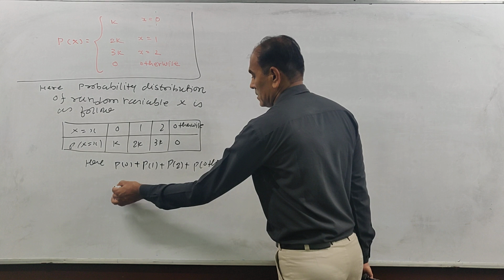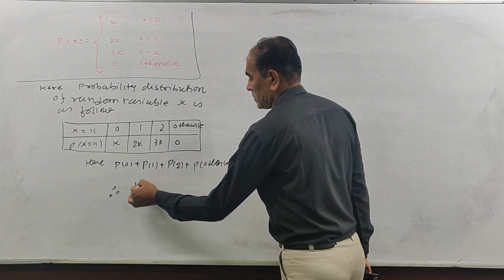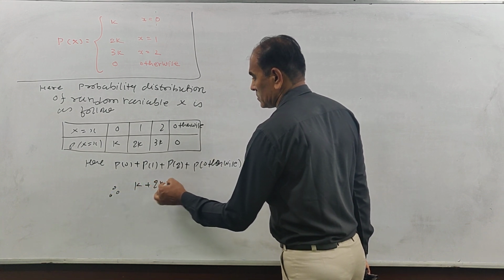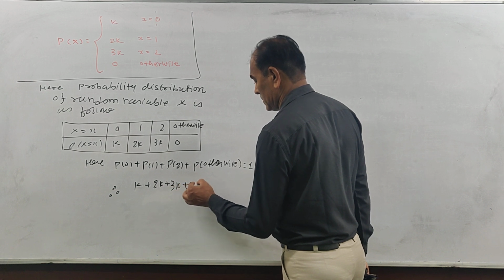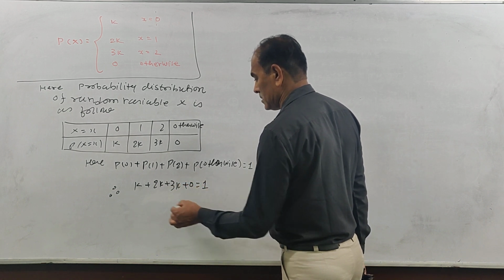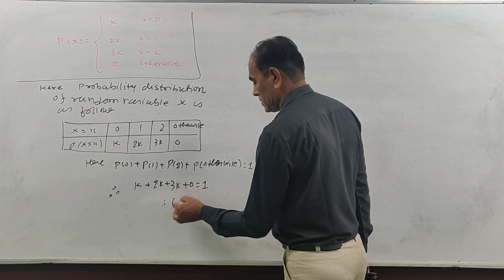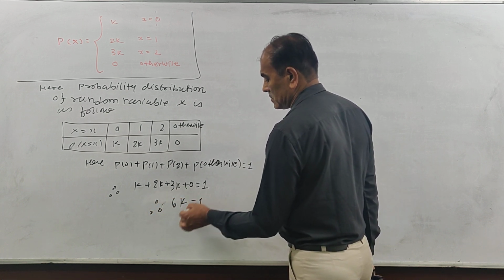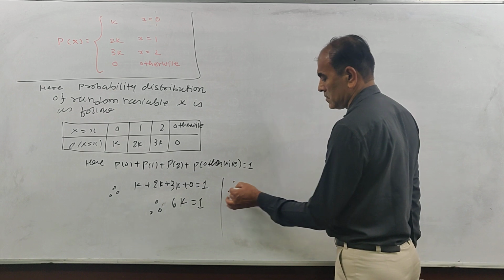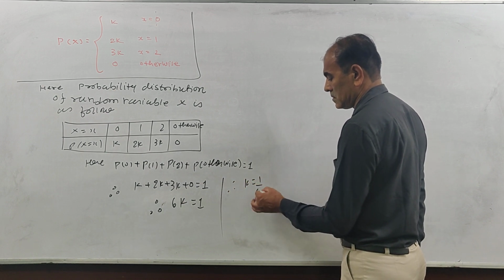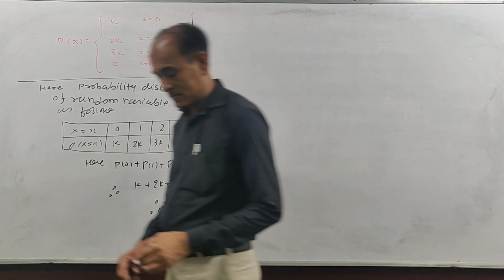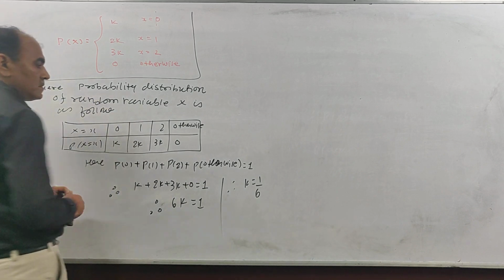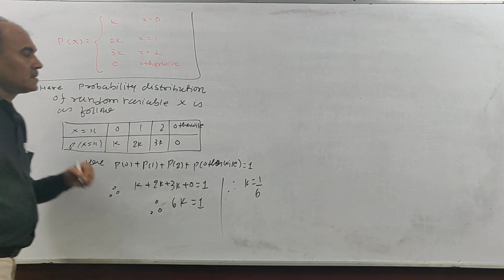So I add it here, and therefore k plus 2k plus 3k plus 0 is equal to 1. So what we get? Therefore 6k is equal to 1. And therefore k is equal to 1 by 6.